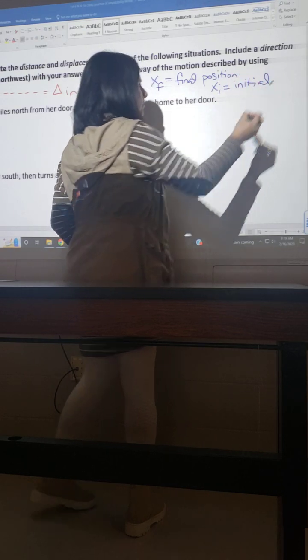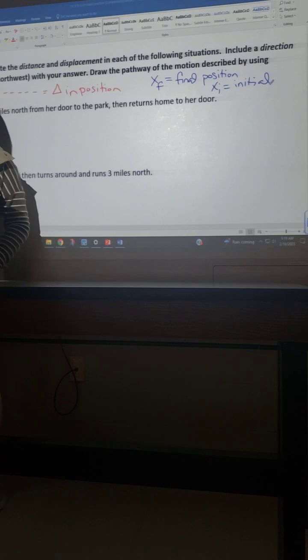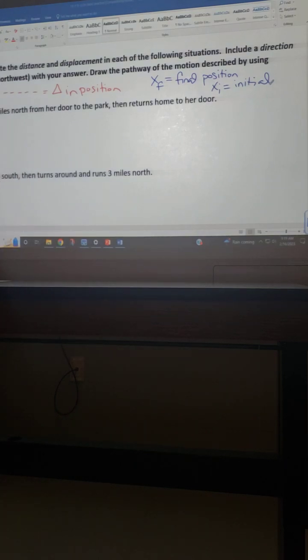And remember, final could be worded like the end, initial might be beginning, or starts. If you see any of those words in the problems, it'll help trigger, okay, that's my final, that's my initial. If you hear end, begin, start, or similar words, that helps trigger that.